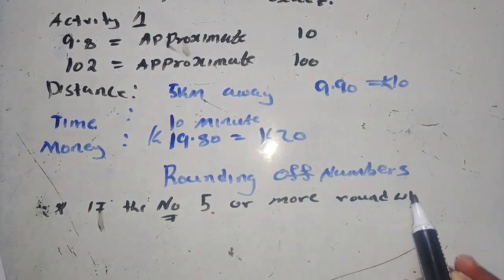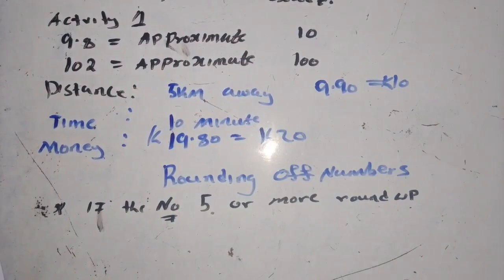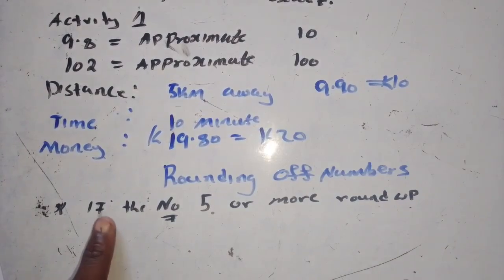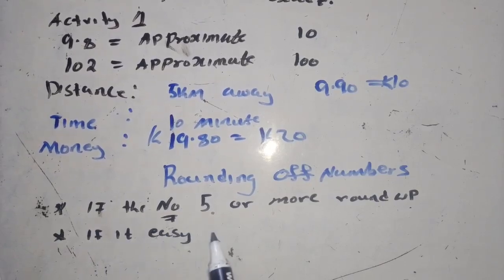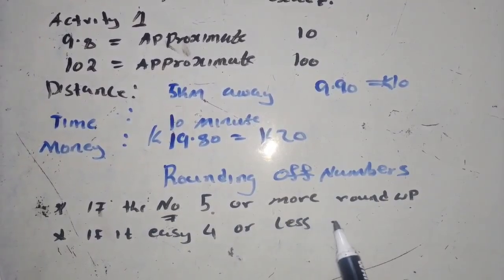Whenever the number is 5 or more, round it up. And the last one is if it is 4 or less, round it down.